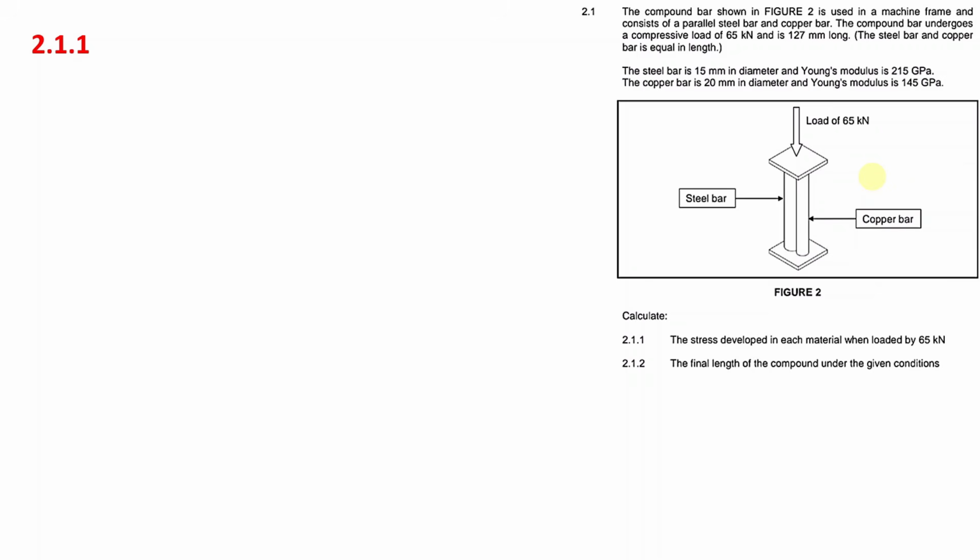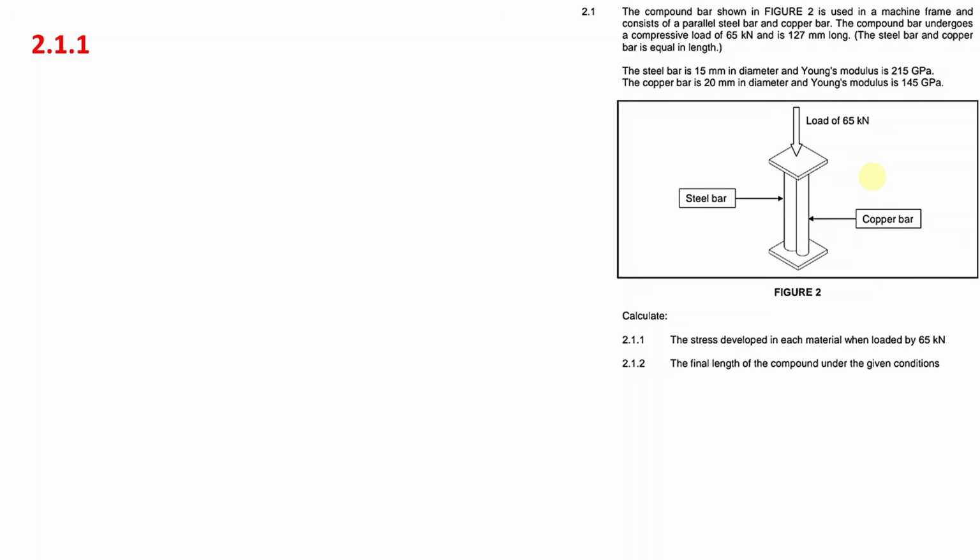So the load carried by the steel bar plus the load carried by the copper bar is what will make 65 kilonewtons. It's like two people lifting a table. They will not each lift exactly the same weight, but what they lift when you put it together will be 65 kilonewtons. It's the same scenario that you have here.